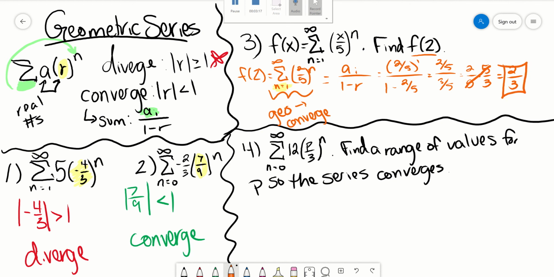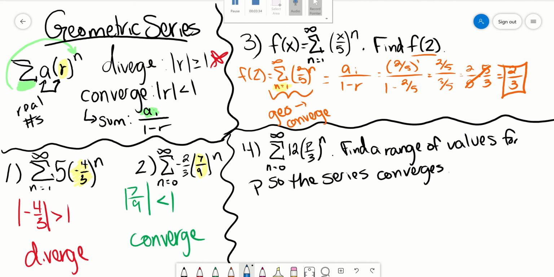If r had been greater than 1, your answer for finding f of 2 would be infinity or does not exist. But since it's less than 1, it converges, and you can use that formula to find the answer.